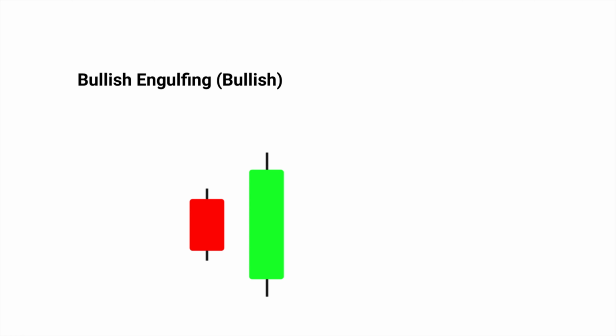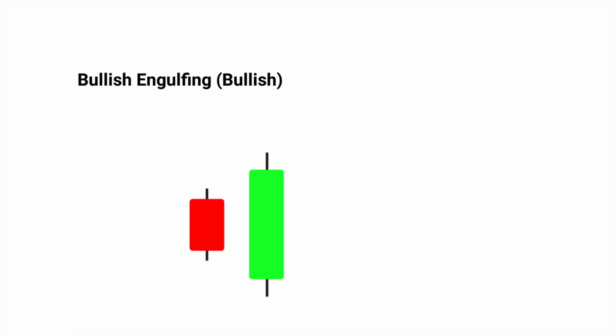So the bullish engulfing formation is when either in a downtrend, like I was explaining, or when it's range bound, you'll see the candle. The two candles must be different in color. So for a bullish engulfing, the candle has to be green or blue, and it has to engulf. You can see here it engulfs the whole previous candle.